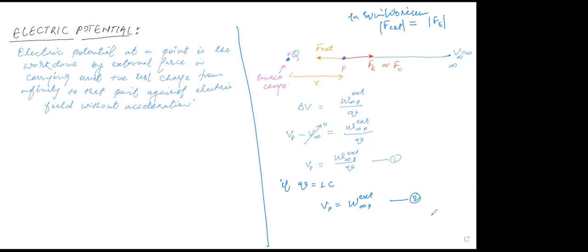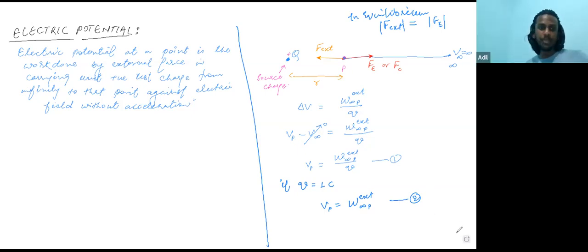Okay. Now we got Vp, the potential at point P. Potential at point P is W infinity to P external. And now, can you tell me what is the value of W external? Do you remember it?